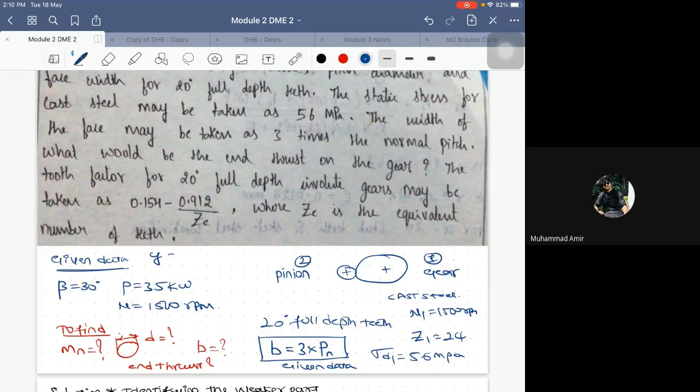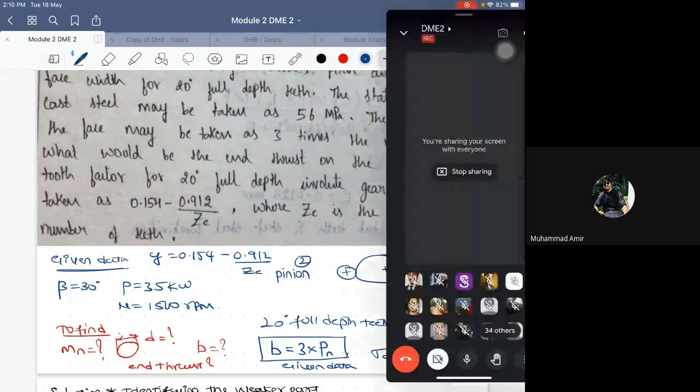Form factor is given as 0.154 minus 0.912 divided by ZE, where ZE is the equivalent number of teeth. You can also call it the formative number of teeth or virtual number of teeth. You have many definitions for it. So this is the problem, and I have just collected the data which was there in the problem statement.